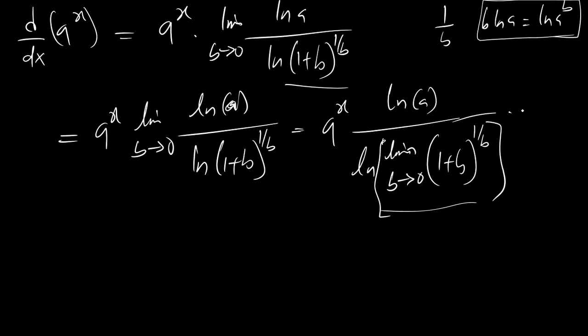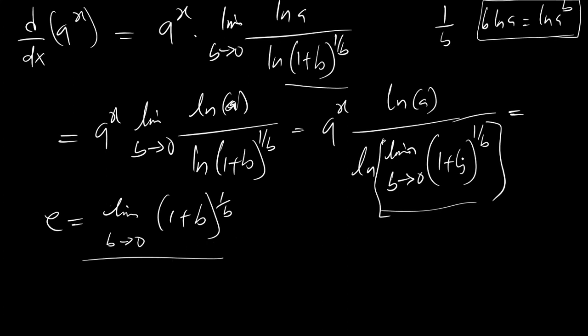So we can now write this. This is the same thing as e. The definition of e is equal to the limit when b tends to 0 of 1 plus b raised to power 1 all over b. This is e. So replacing this value with e, you now have a raised to power x times ln a divided by ln e.